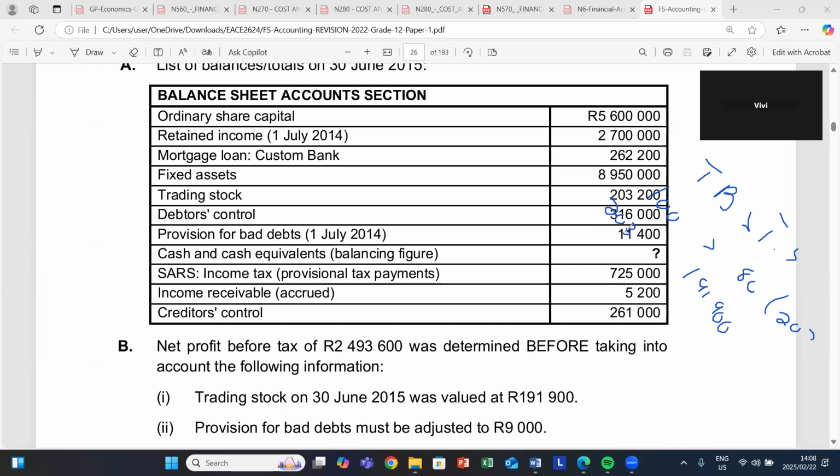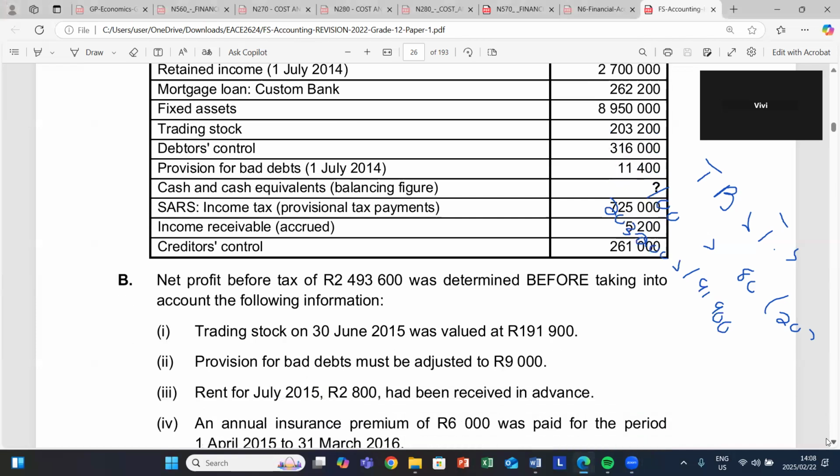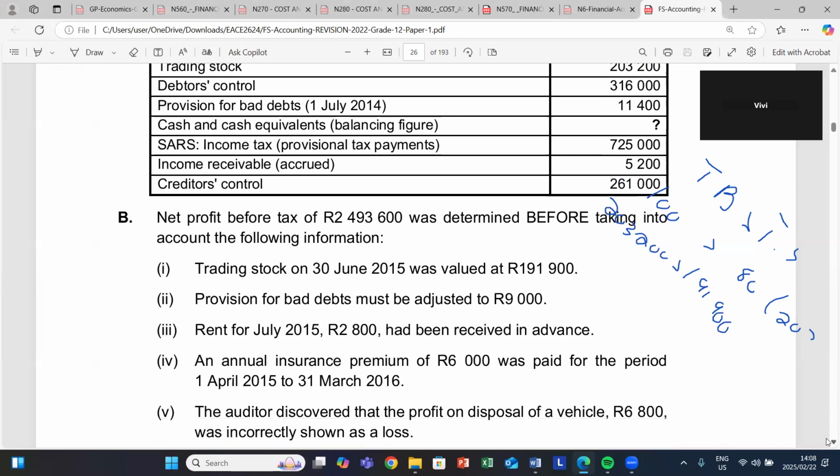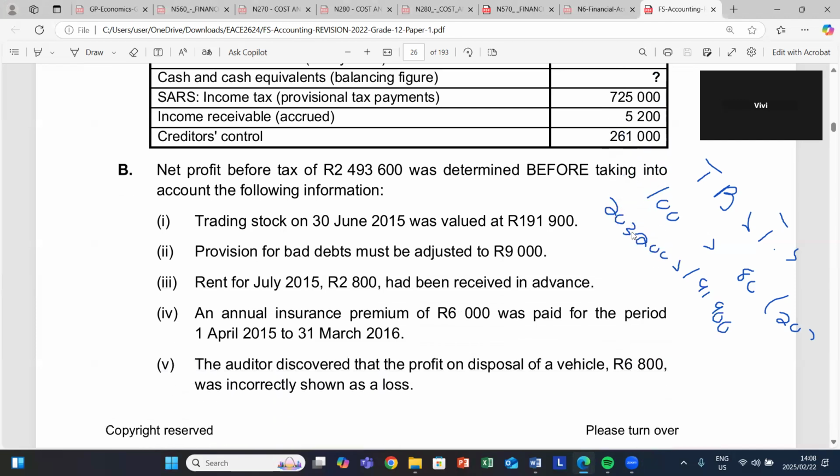We're going to have a deficit. Of how much? Of 1,300. Deficit of how much? 1,300.